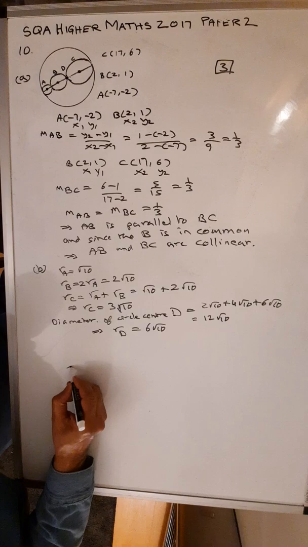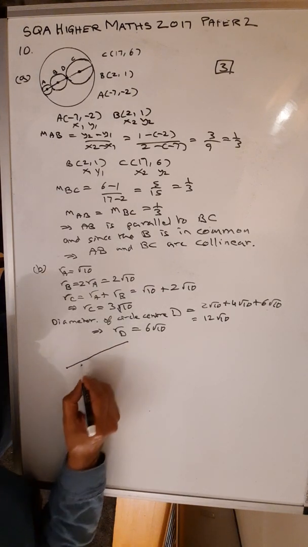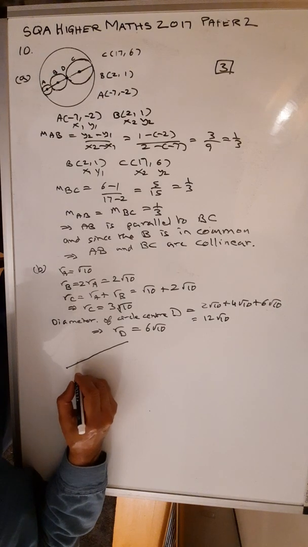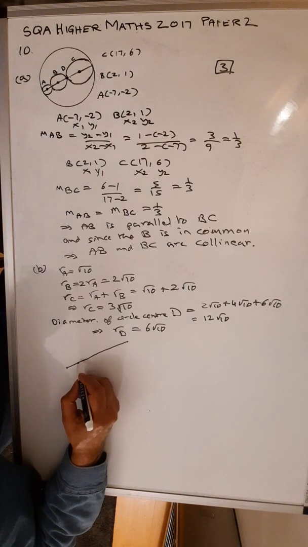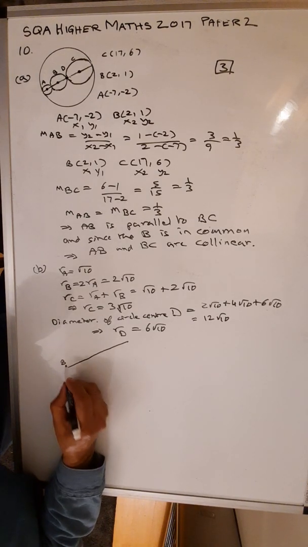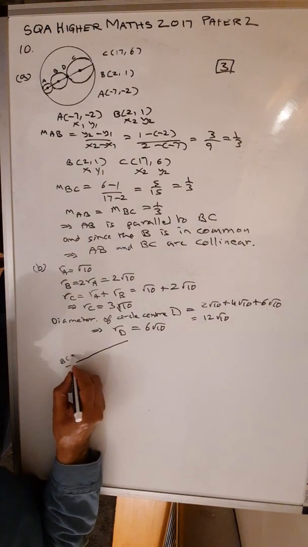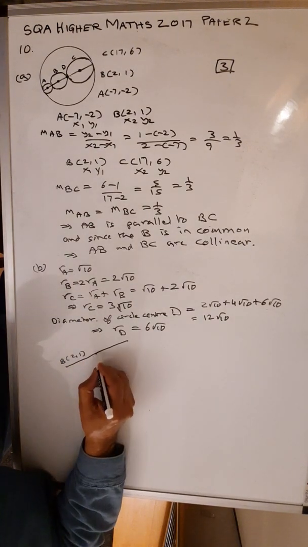So if you just draw the line there, and you just want the coordinates of B and C. B has coordinates (2, 1). D is in the middle.